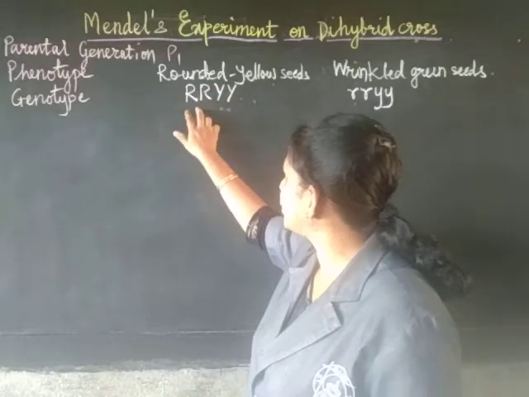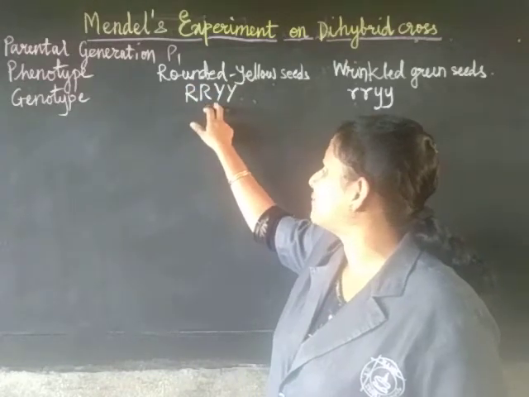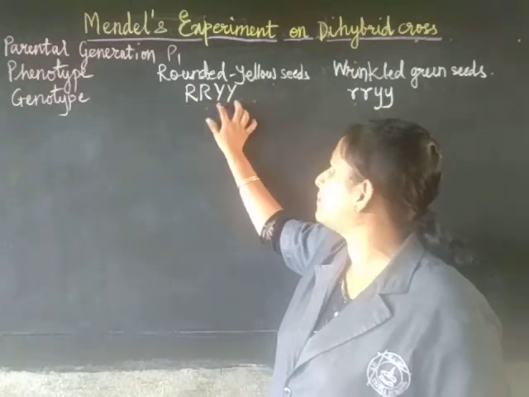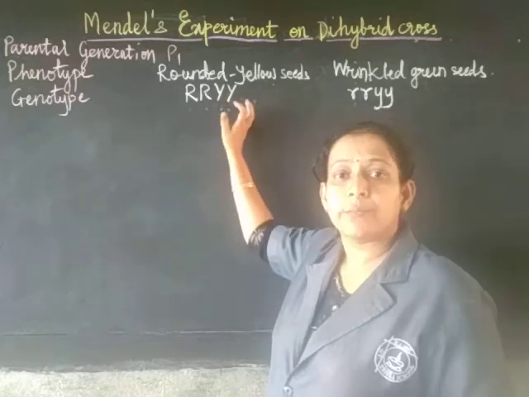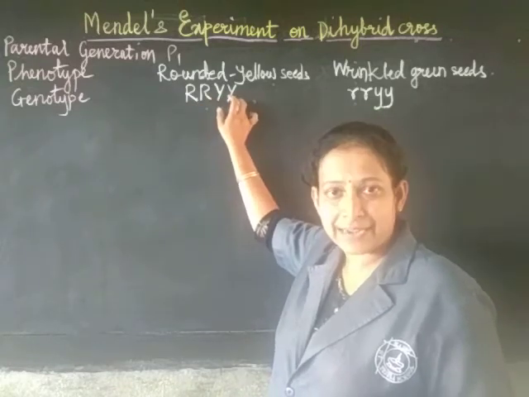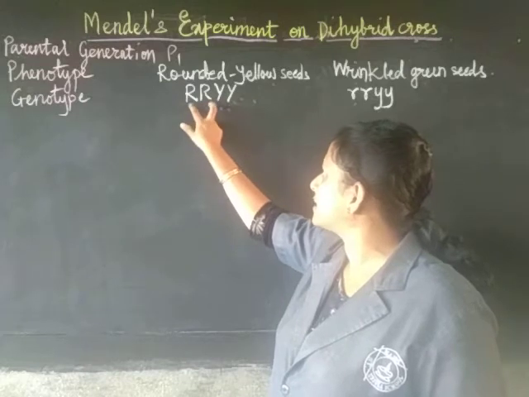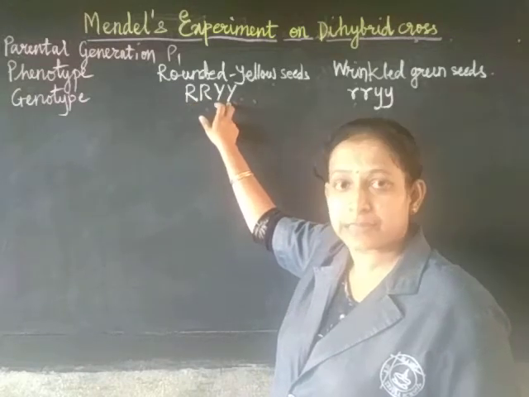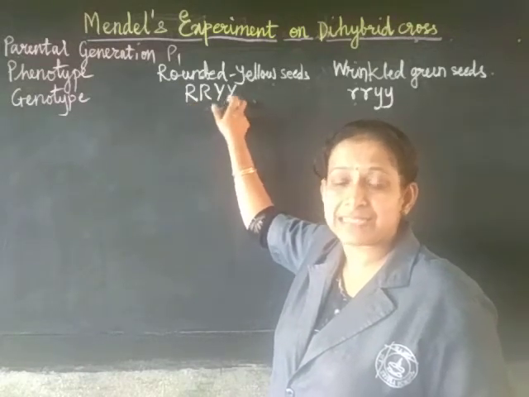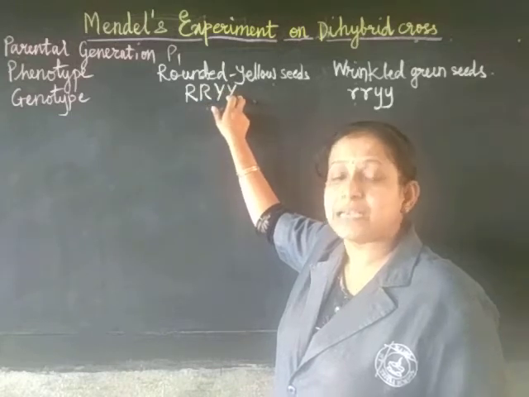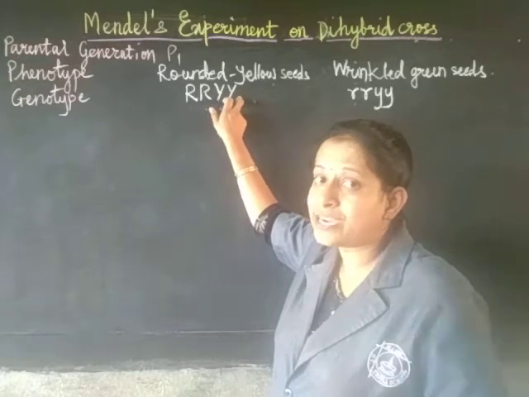So the single gene of RR will be capital R, and that of capital YY will be Y. Because these are two different contrasting characters, this is also called a dihybrid cross.